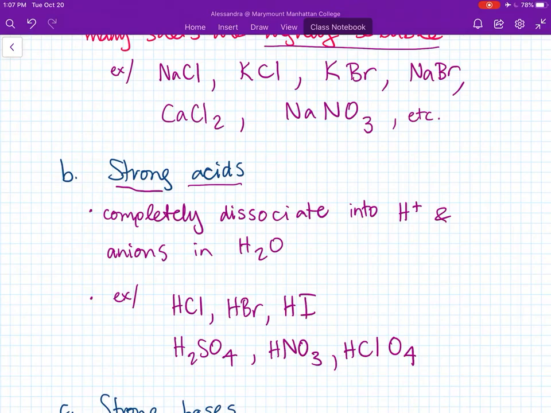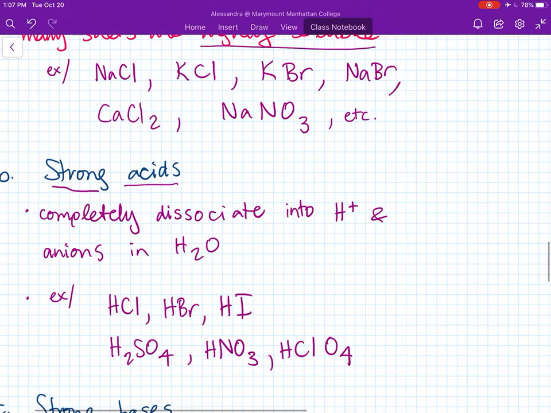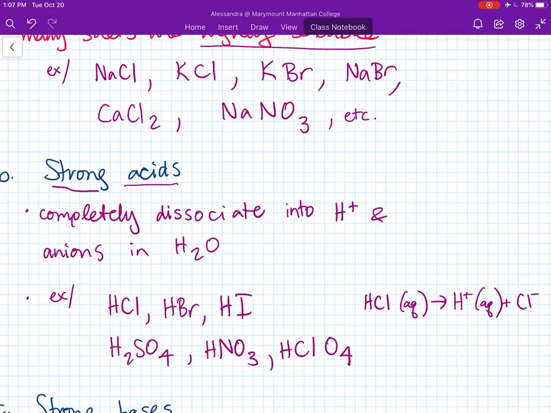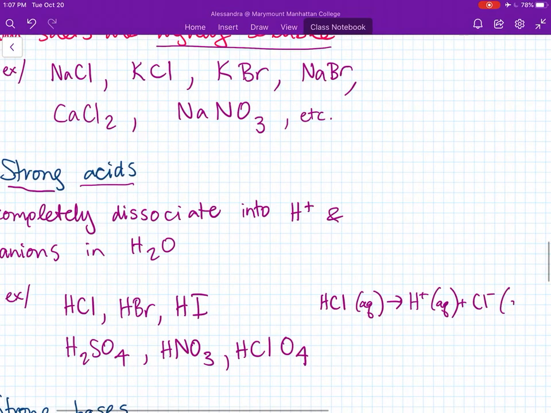That means if you take one of them and put it in water, for example, let's take HCl. If we dissolve HCl in water, it completely breaks apart into H+ and Cl- ions. That's complete dissociation.